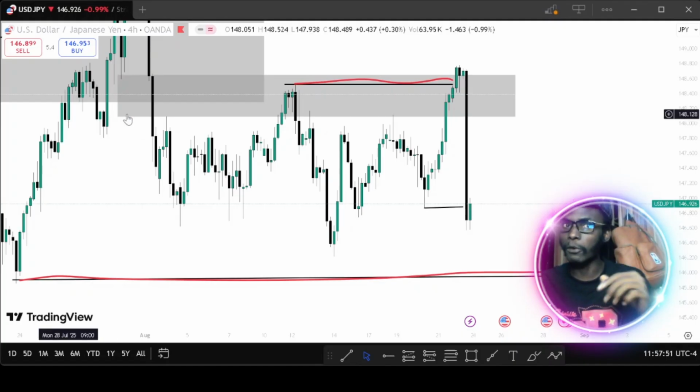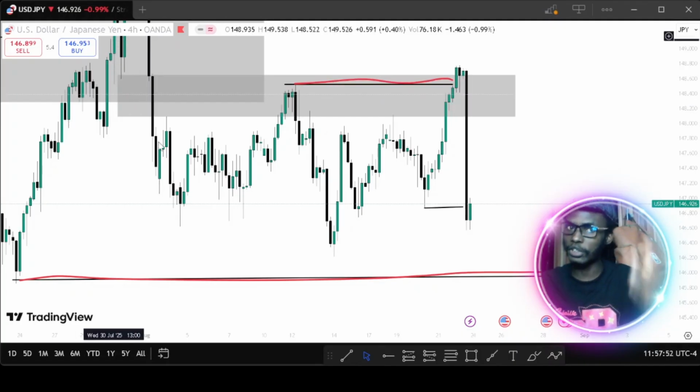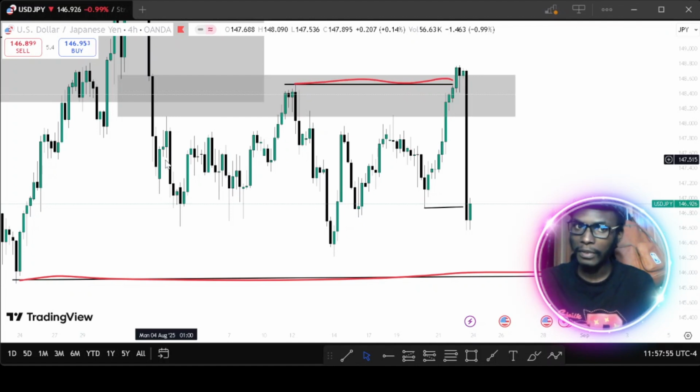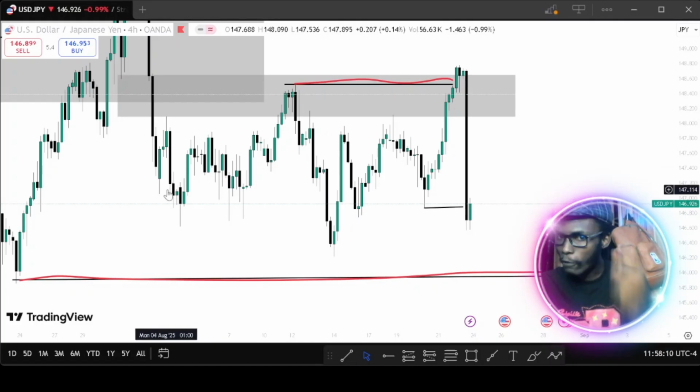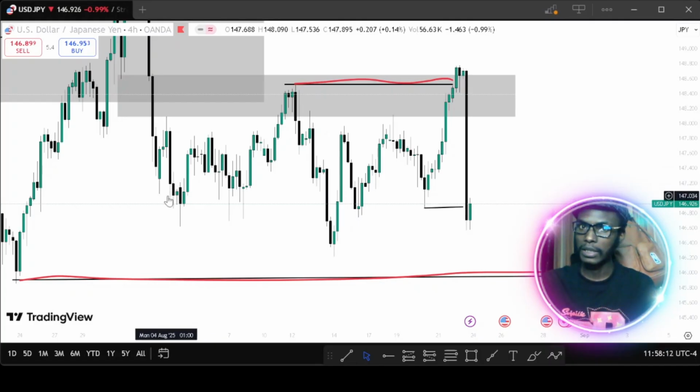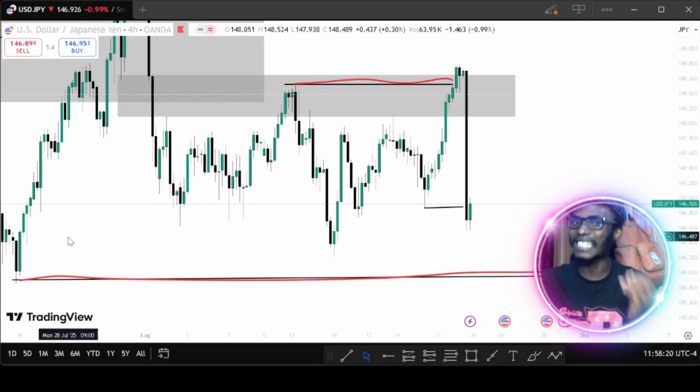Remember what I said, from giving us a rejection on the weekly time frame after sweeping that buy side range, price gave us a rejection from that weekly bearish fair value gap. On the daily time frame, price gave us a bearish engulfing candlestick off from that zone, leaving behind a bearish fair value gap and a swing low as our external range liquidity.